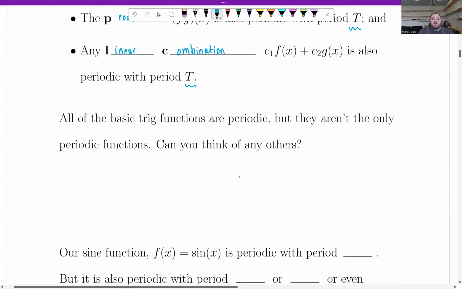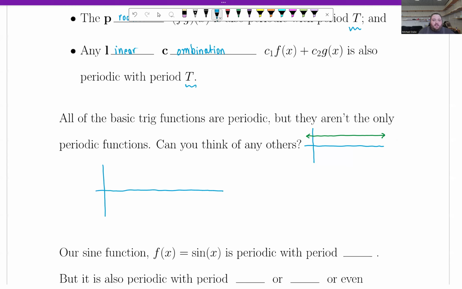All of the basic trig functions are periodic, but they aren't the only periodic functions. Can you think of any others? Let's draw a few out here. Of course, our constant function is also periodic, as for whatever period we choose, it's going to repeat itself, right? It's constant. And we can draw out some other piecewise functions here that would also be periodic. So let's say we had something like this.